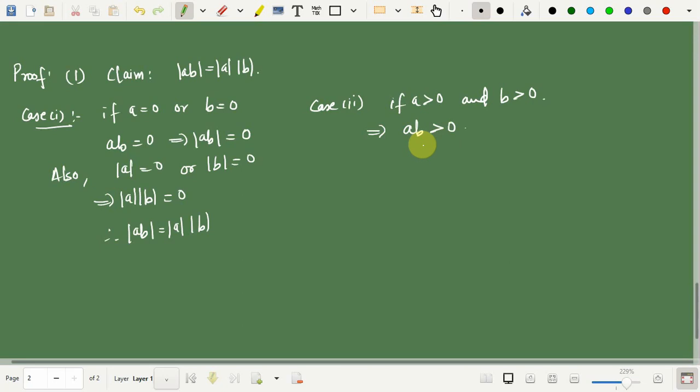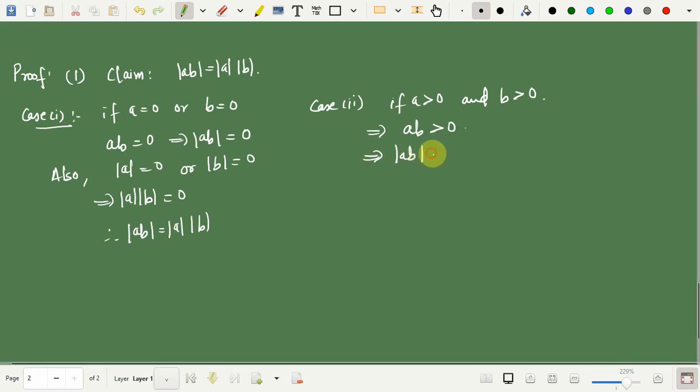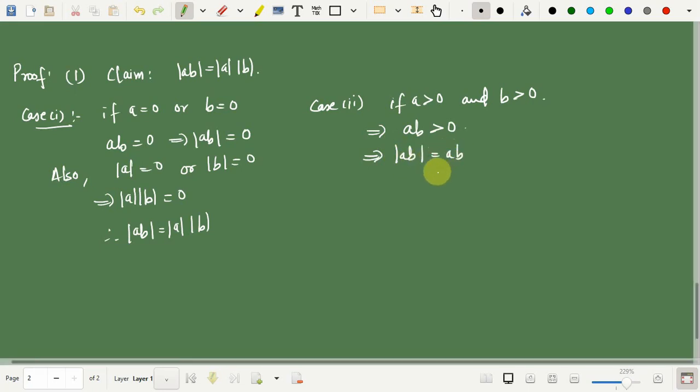We want to know, see, 0 is the breaking point for the modulus of any number, because when x is lying to the right, mod of x is x, and when x is lying to the left of 0, mod of x is equal to minus x. So, when x changes direction with respect to 0, then mod of x will change the sign, and therefore, when a b is positive, this implies that mod of a b should be same as a into b, the same real number.